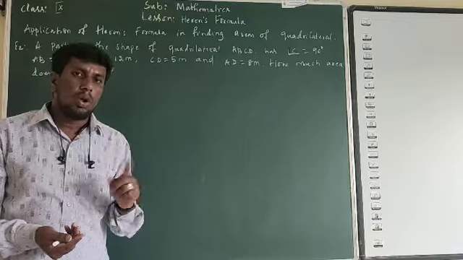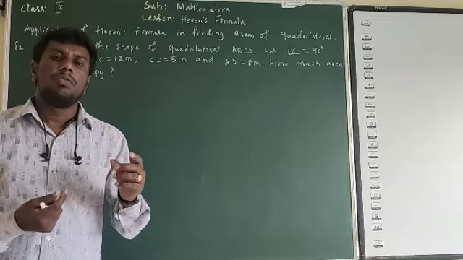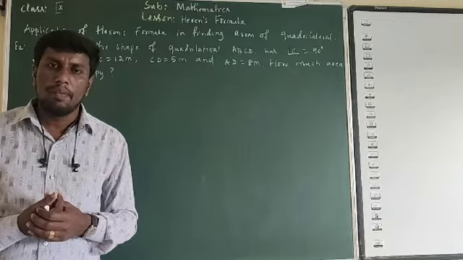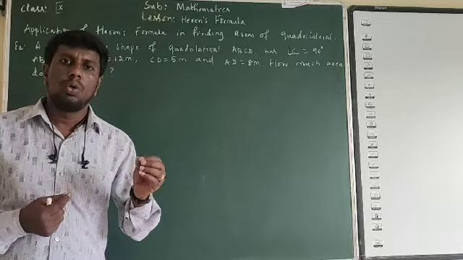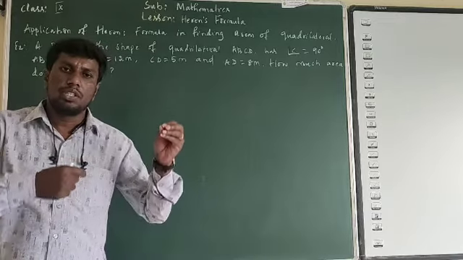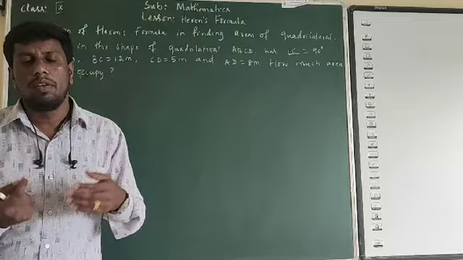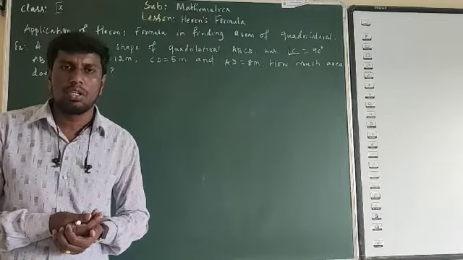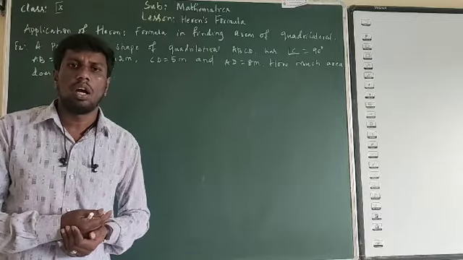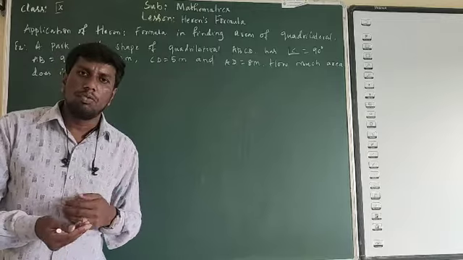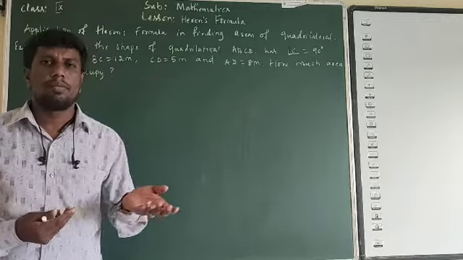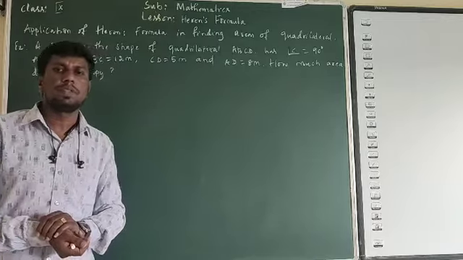If it is a rhombus, then we need a height. Sometimes it is very difficult to find the height. The height is not given in the question. At that time, what do we do? Not only for the rhombus, it may be different types of quadrilateral.